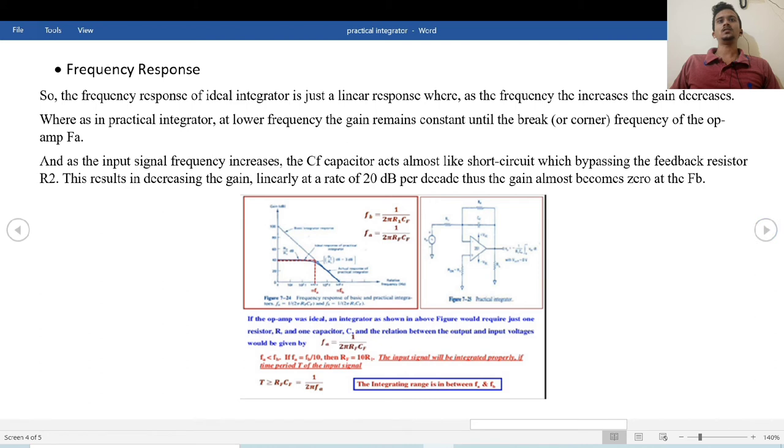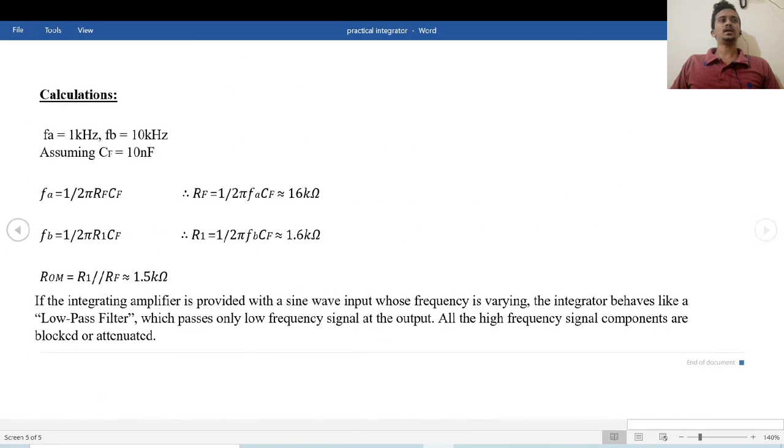So, we'll design a practical integrator circuit on LTSpice. For that, I am taking a corner frequency of 1 kilohertz, and FB, the ending frequency, will be 10 kilohertz. We'll assume CF as 10 nanofarad, and as we all know, FA is equal to 1 by 2 pi RF into CF.